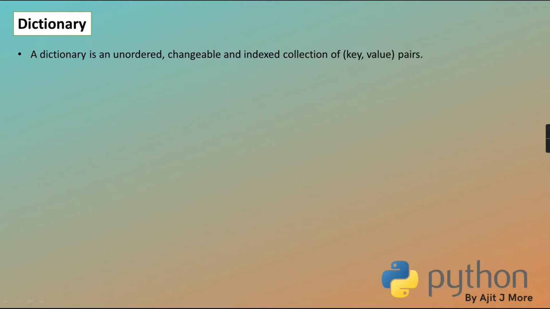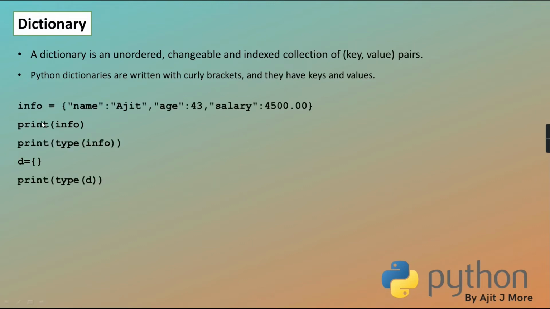Okay? You got it. So how to create a dictionary? As I said, enlist all the key value pairs in curly brackets, that is open brace, close brace, and inside that you can list out your key value pairs separated by colon: key colon value, comma, key colon value. Example I have given.